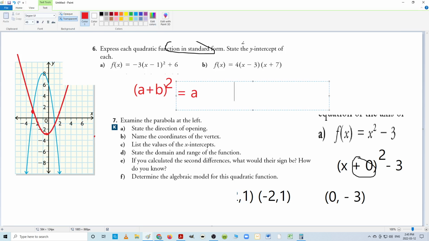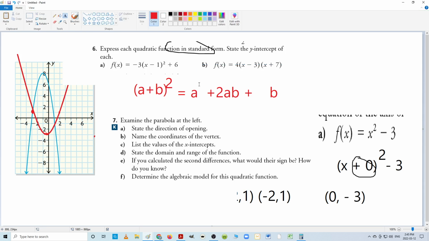A squared, so the first term squared, it's going to end in B squared, and the middle is always plus 2 times the first and the second term. So it's always going to come out like this. And of course, A minus B, well worth learning.